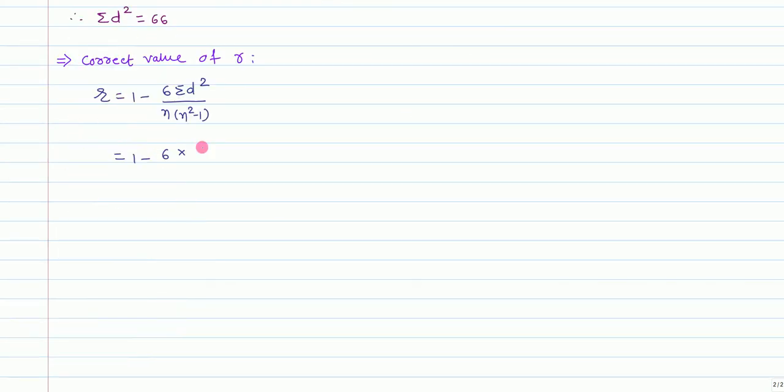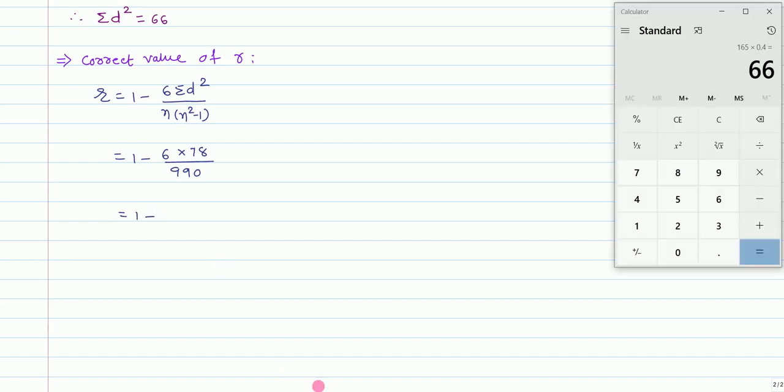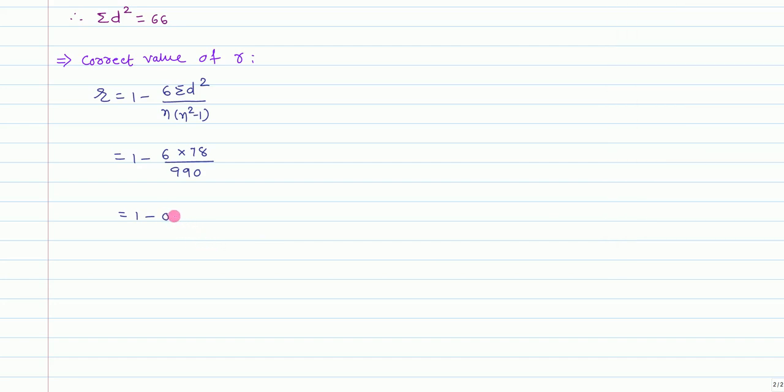Here we have 78, 78 divided by 990. So 1 minus, first 6 into 78 gives us 468 divided by 990, which is 0.47. So 1 minus 0.47 gives us 0.53. So the correct value of R is 0.53.